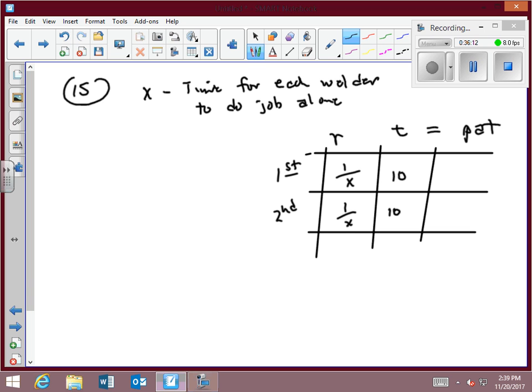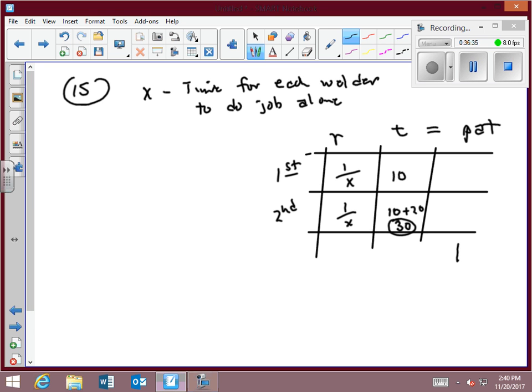One of the welders quits, so I'm going to have the first one quit. The second welder requires 20 more hours to complete the job. So you add 20 to his time for a total of 30 hours, right? And the job is complete, so you put 1 right there.